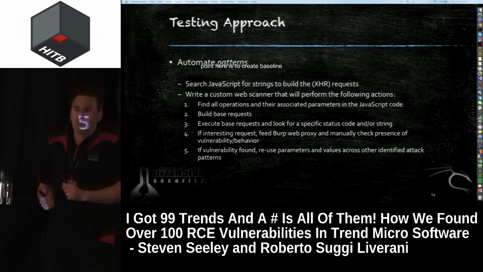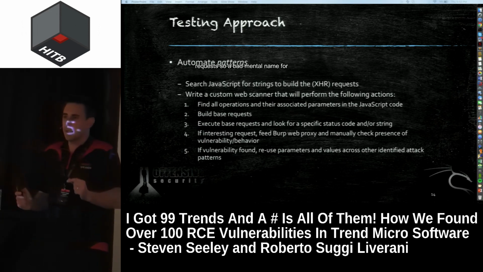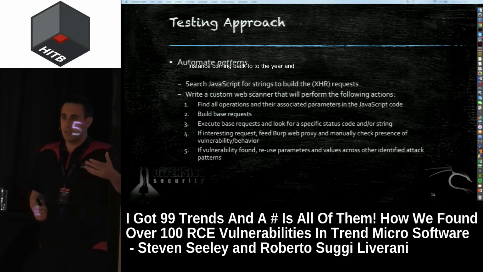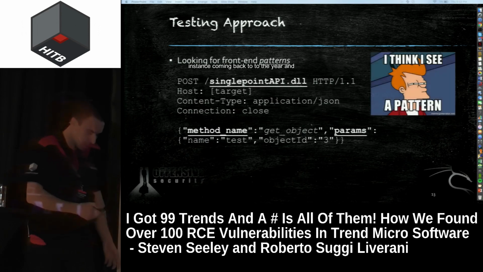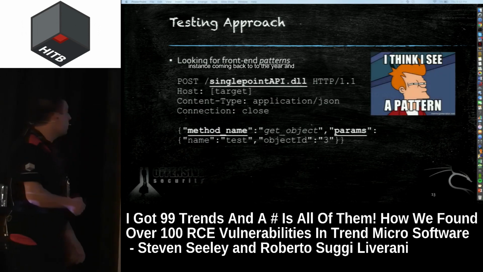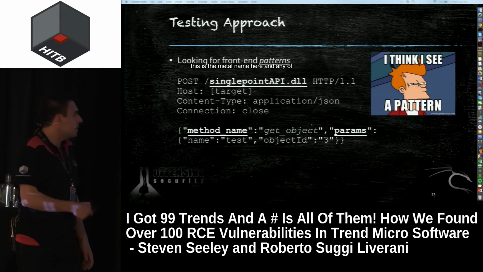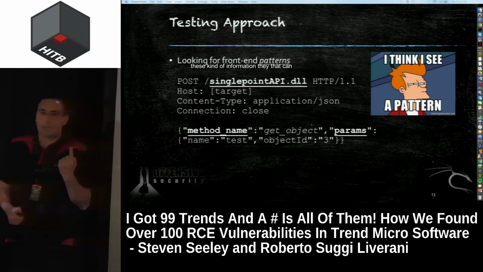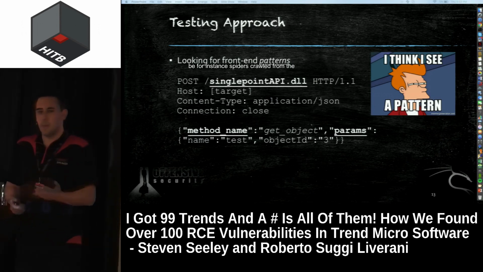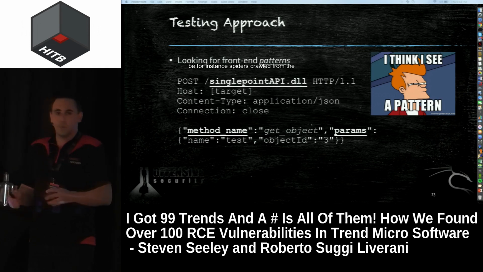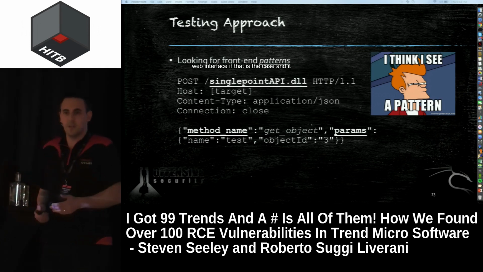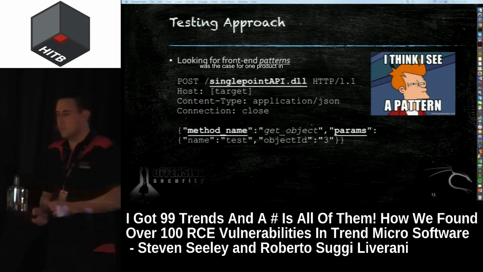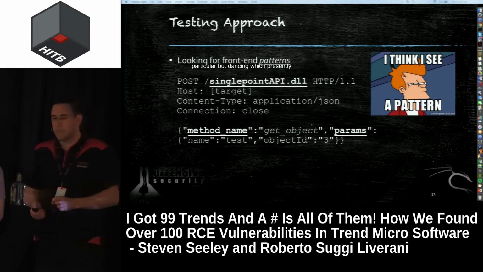But the point here is to create baseline requests: a valid method name, for instance, and then the parameters of this method. This kind of information can be spidered or crawled from the web interface, and that was the case for one product in particular.